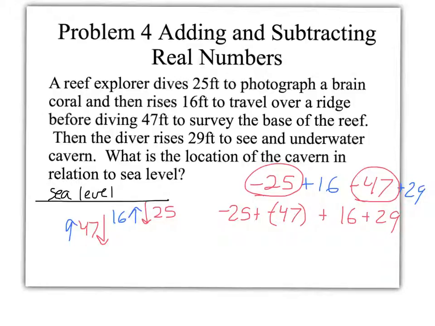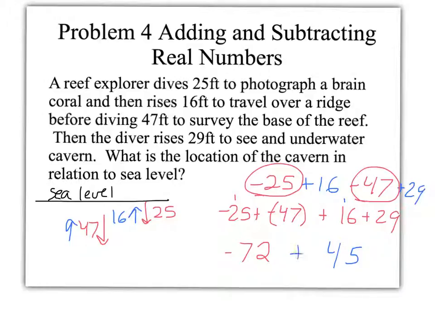So 25 plus 47, 5 plus 7 would be 12, carry the 1, it'd be 6, 7. So we've gone down a total of negative 72 feet. We've come up 16 plus 29, that'd be 15, carry the 1, would be 45. So overall, we're definitely negative because we have more negatives than positives.